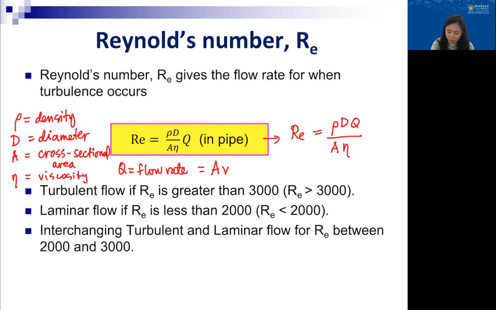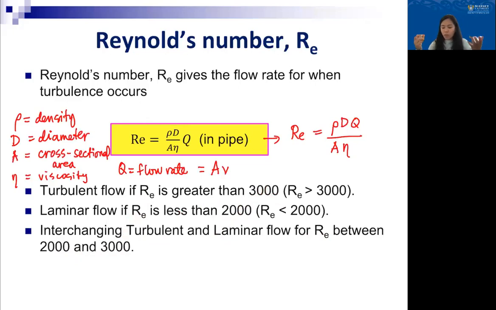And if the Reynolds number is greater than 3,000, that will give you turbulent flow. If the Reynolds number is less than 2,000, that will give you laminar flow. So there's a little bit of a gap between 2,000 and 3,000. That's sort of the transition region where you have interchanging turbulent and laminar flow.